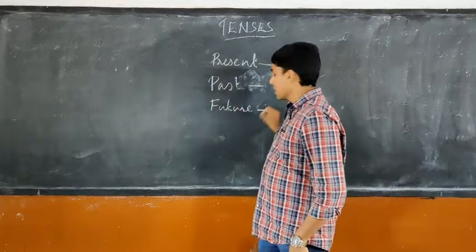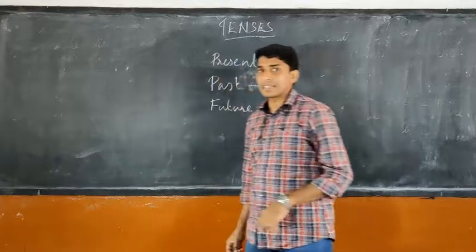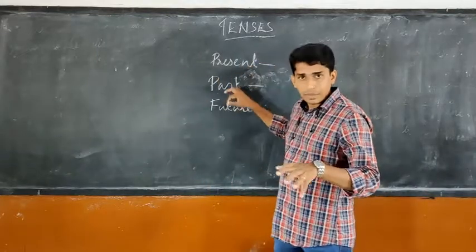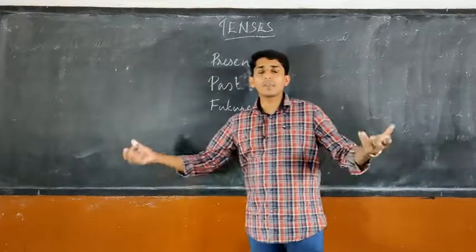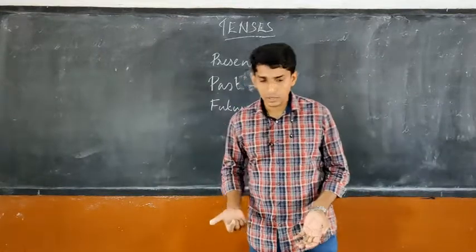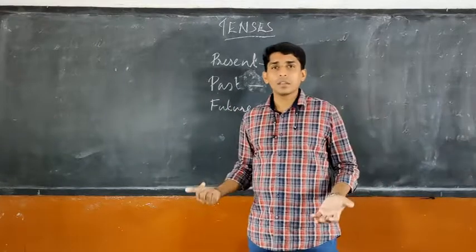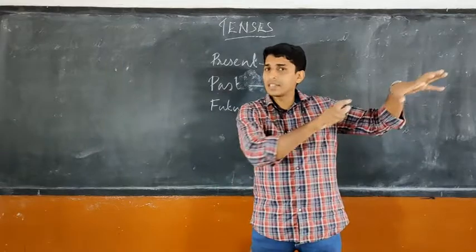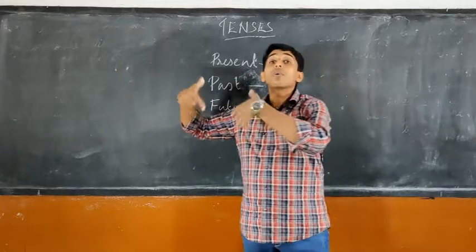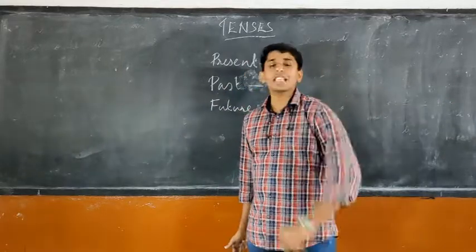So to show these three times, present, past, and future, we will use three tenses. Otherwise, we will be confused when we say something. We want to say whether it is happening now, or whether it happened, or whether it is going to happen. This is the tense.